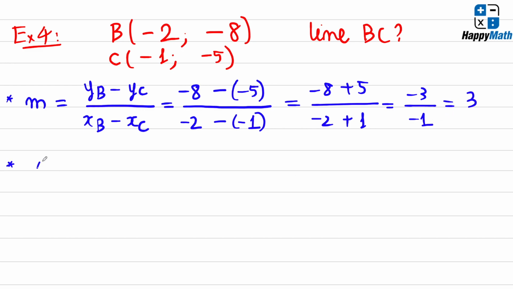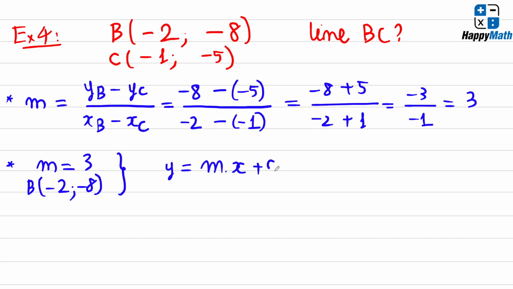That's it. So for C, you will write down the value of m first, and then you will pick one point. You have point B, it means negative 2 and negative 8, and you copy again the y equal to mx plus c formula. And so what is y? You have y here is negative 8. So what is m? This is 3, and x is negative 2.